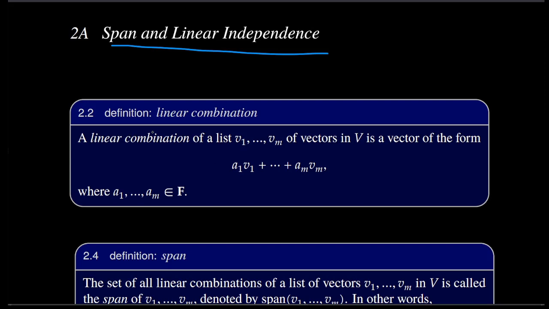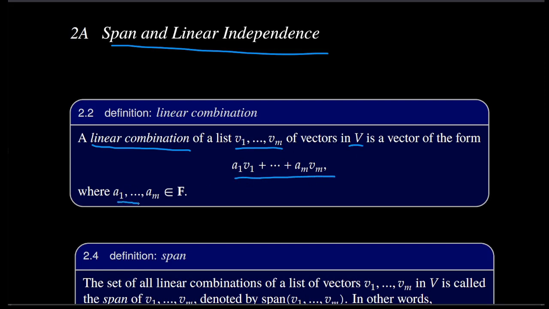So first off, we're going to define a linear combination. A linear combination of a list of vectors, which is an ordered sequence of vectors. So you've got a first vector, a second, and so on, all the way up to an mth vector, just elements of a vector space V. A linear combination of a list of these guys is just a sum of scaled vectors.